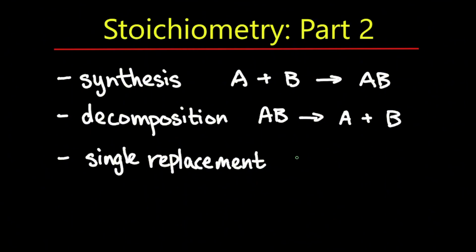This one is notated by A plus BC yields B plus AC. This might look weird at first, but imagine A as an element and BC as a compound. A and B switch partners, so now B is by itself as an element and AC is the new compound formed.